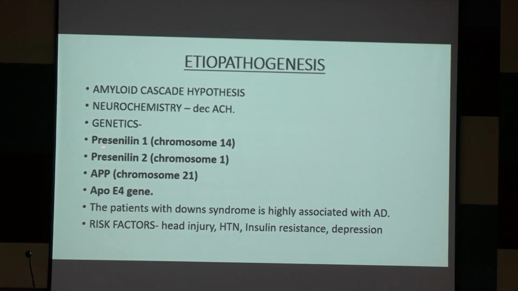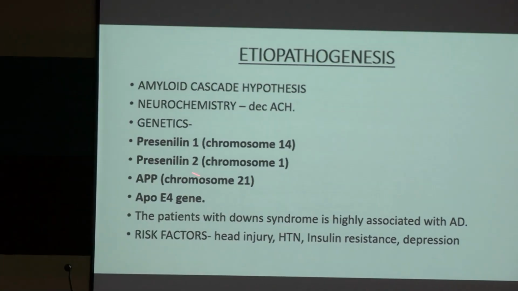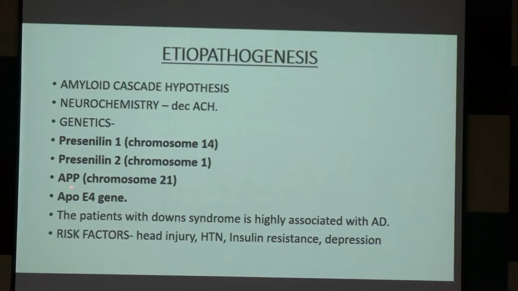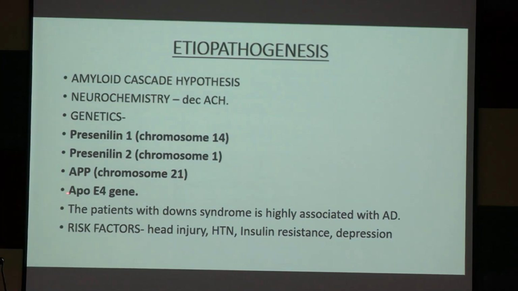Number 1 is presenilin 1 located on chromosome 14, presenilin 2 chromosome 1, and APP, which is the main amyloid precursor protein located on chromosome 21, and APOE4 gene. So these are the main 4 genes. There are other gene, 100 type of genes, but these are the main 4 genes associated with developing Alzheimer's. Okay, and the patients with Down syndrome is highly associated with Alzheimer's dementia.